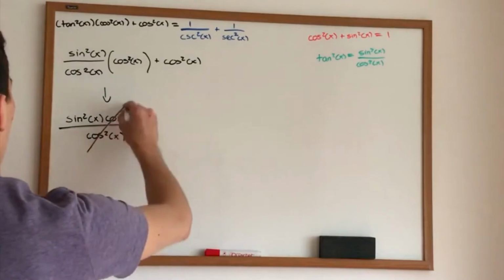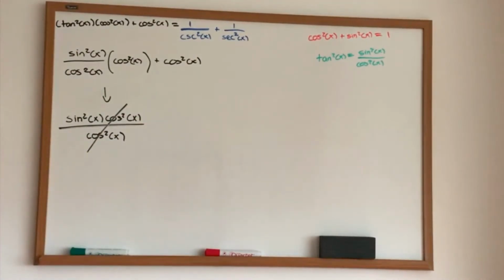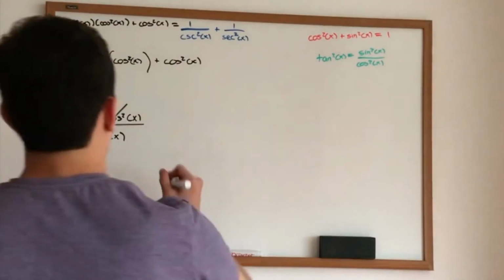But when we do this fraction, we can notice that both cosines can be cancelled.